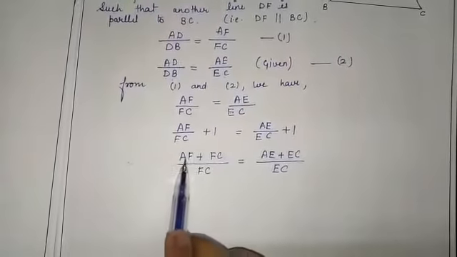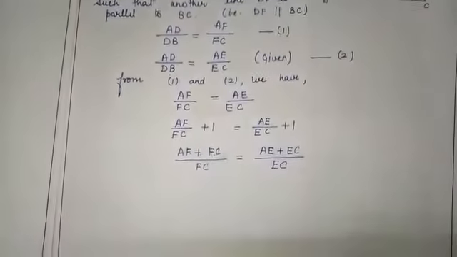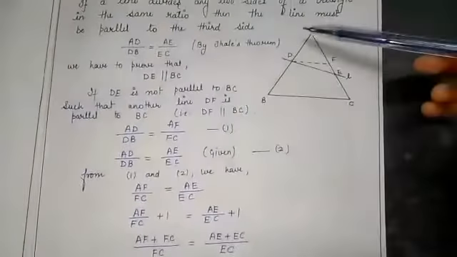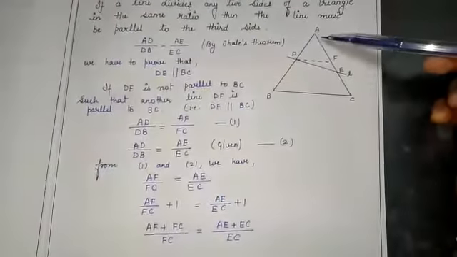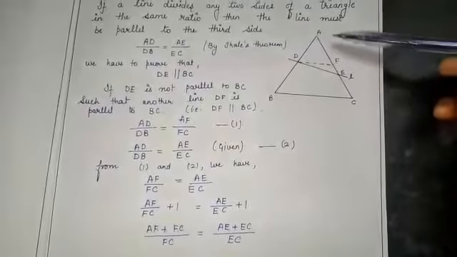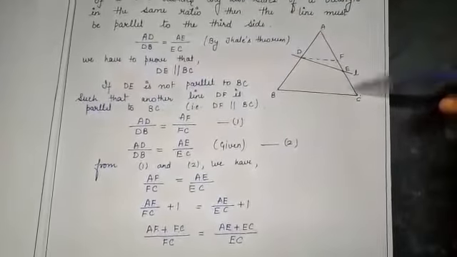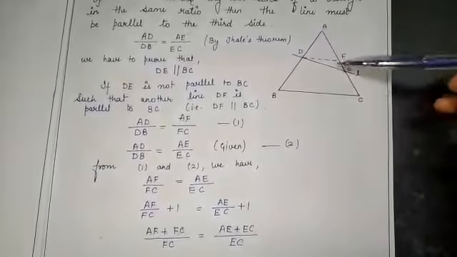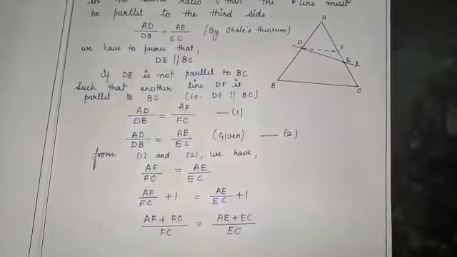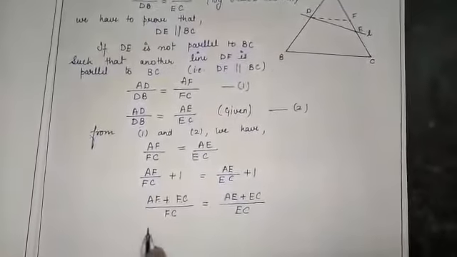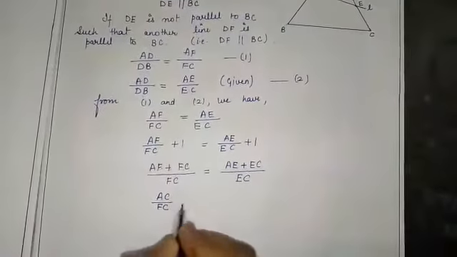You can see in the diagram, AF and FC together make exactly the line AC, so I can write AC upon FC.